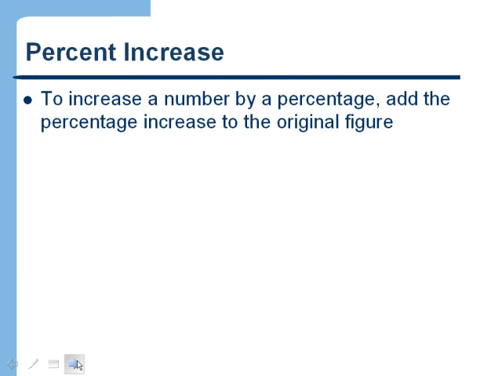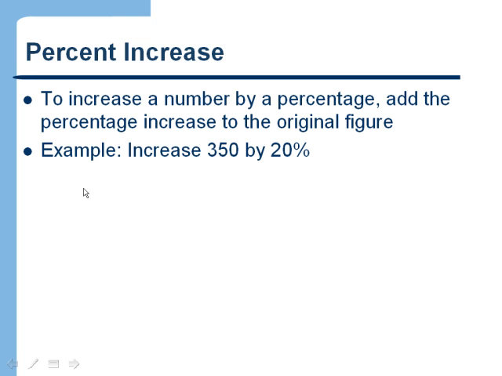The next thing we want to look at is percent increase. So if we want to increase a number by a certain percentage, we take the percentage of the number and then add it to the original figure. So for example, increase 350 by 20%. We first take 20% of 350, and again, the way I do that is convert it to a decimal, multiply 0.20 times 350, and if you work that out, you'll find that it's equal to 70.